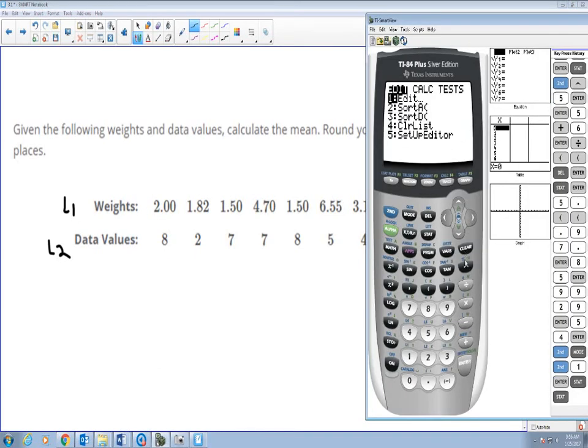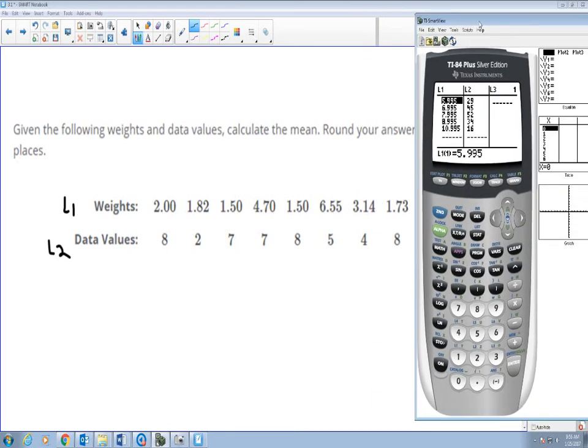So I'm going to go back. I'm just going to type over these numbers this time because I know I have more than what I typed in earlier. That 1.5. Oops, typing a number wrong.